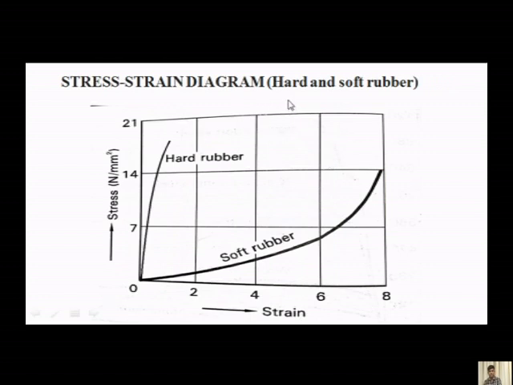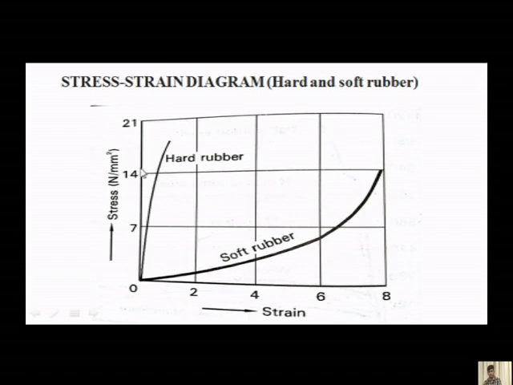Similarly, the stress strain diagram of hard and soft rubber. Hard rubber, we can see somewhere the breaking point or the ultimate point, and soft rubber tries to take the load up to certain limits, but you can see the strain continues to change its shape despite the stress. Here the stress is very less, but strain keeps on increasing.